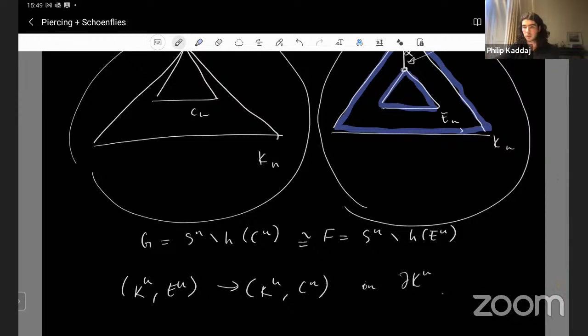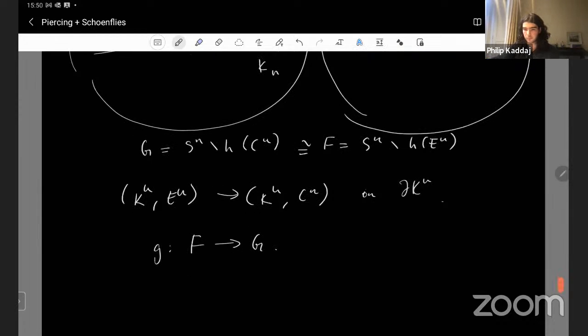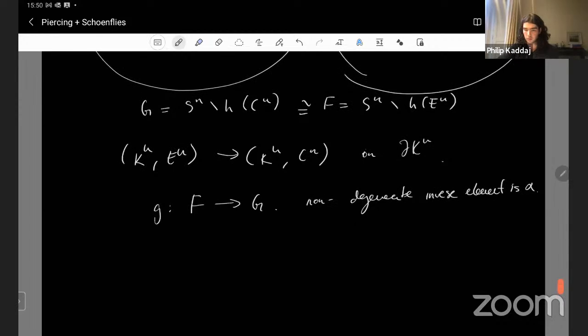Okay. So this gives us a map of Sn to itself. So we have a map, and it's non-degenerate. Sorry, H of alpha.